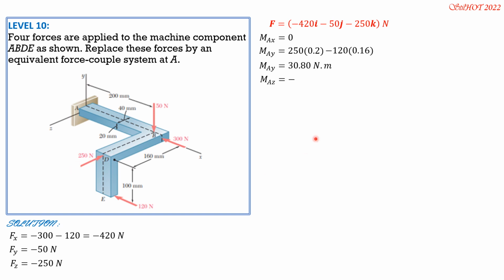So moment about AZ is negative 50 times 0.2 minus 120 times 0.1. So MAZ is negative 22 Newton meter. In vector form, 30.8j minus 22k Newton meter. That's it.